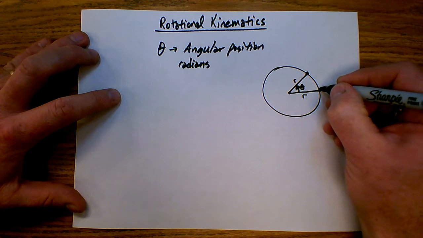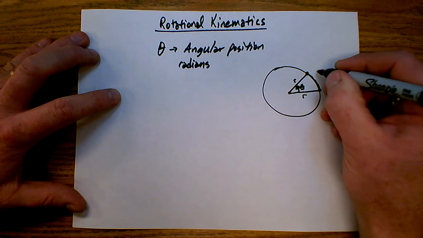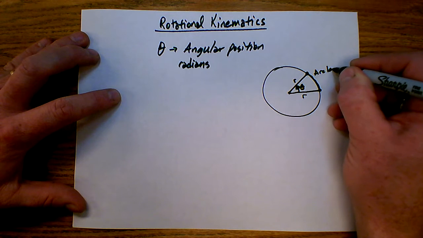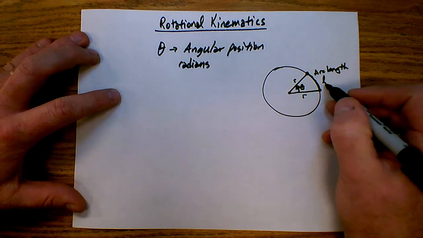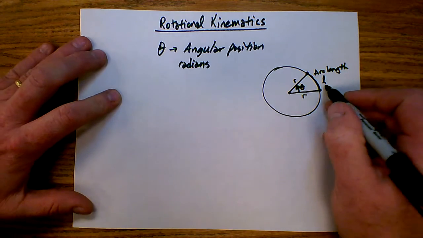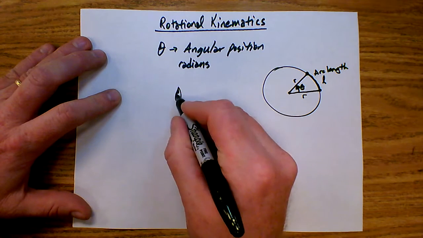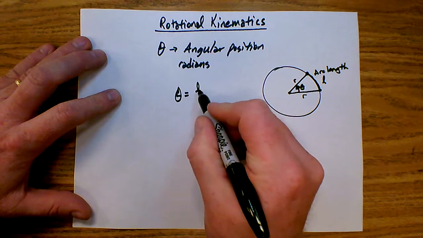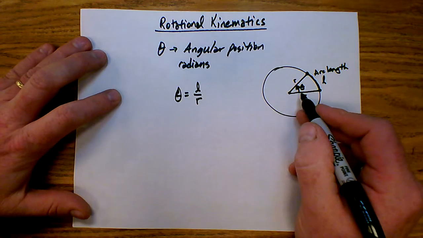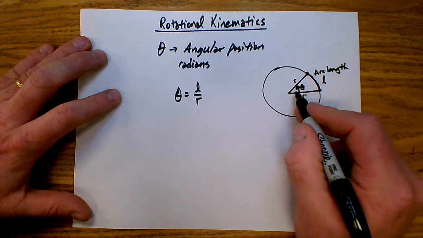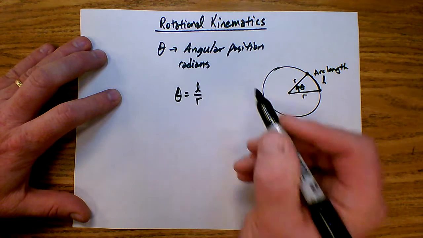And then this distance here is called the arc length. It's a linear distance, and we'll just use the symbol L for arc length. Well, in radians, theta is equal to the arc length divided by the radius. That's the angular position theta.